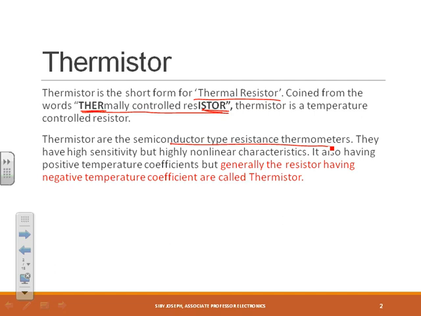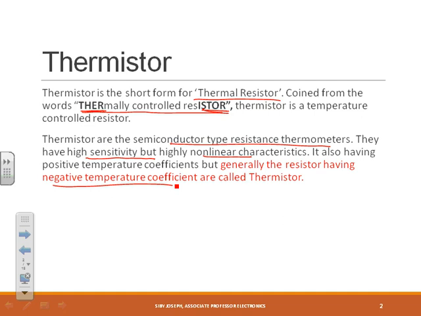They have high sensitivity but highly nonlinear characteristics, so some variation may occur. They can have a positive temperature coefficient, but generally a negative temperature coefficient. NTC type thermistors are used commonly.